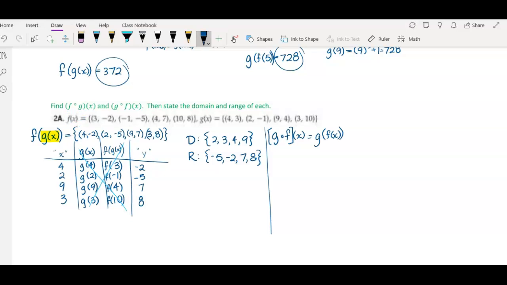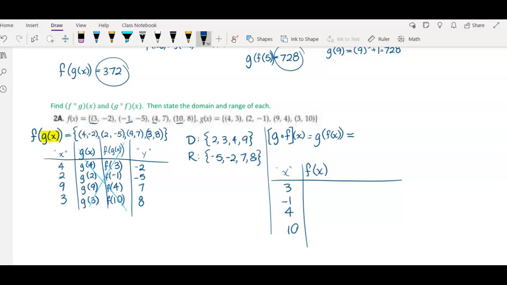So if I want to compute this, I need to start with what's on the inside, f of x, which means I need to grab my x values. They need to come from my f function. So 3, -1, 4, 10. I'm just grabbing them right here from my f function.